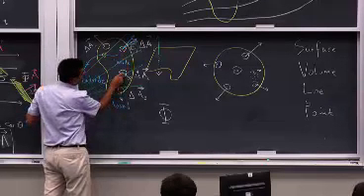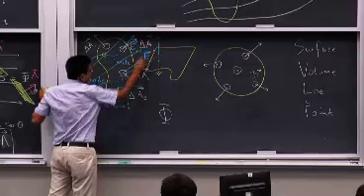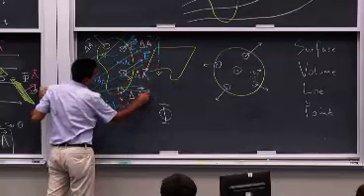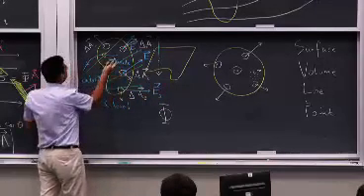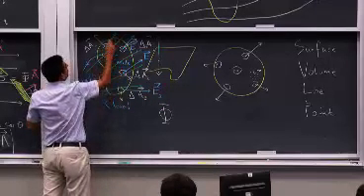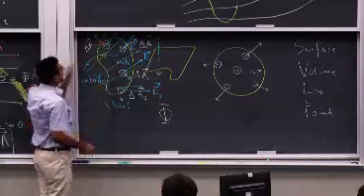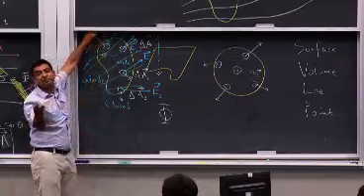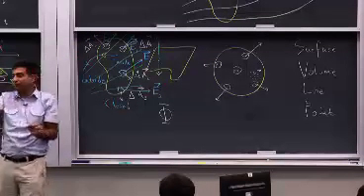The electric field here is E2, shown in blue. The electric field here is E3, again shown in blue. The electric field here is E4, shown in blue. So at the location of each of these patches, there is an electric field. An electric field is different from point to point.